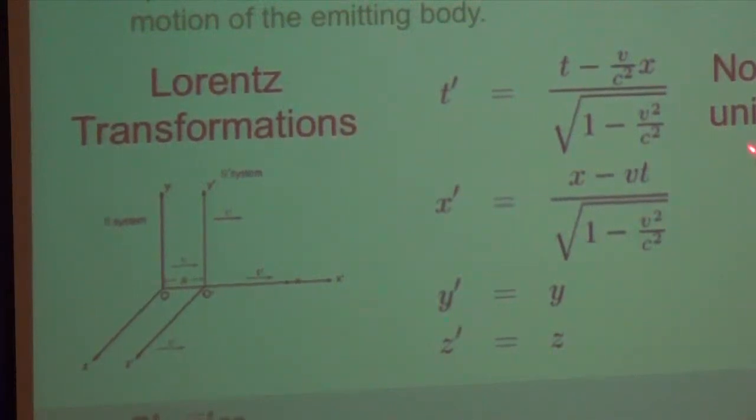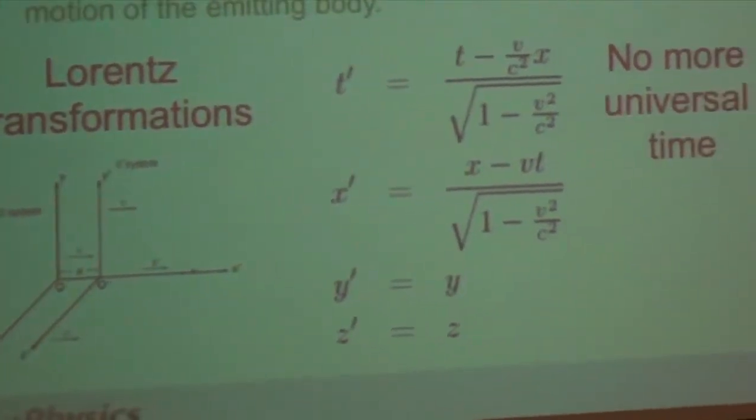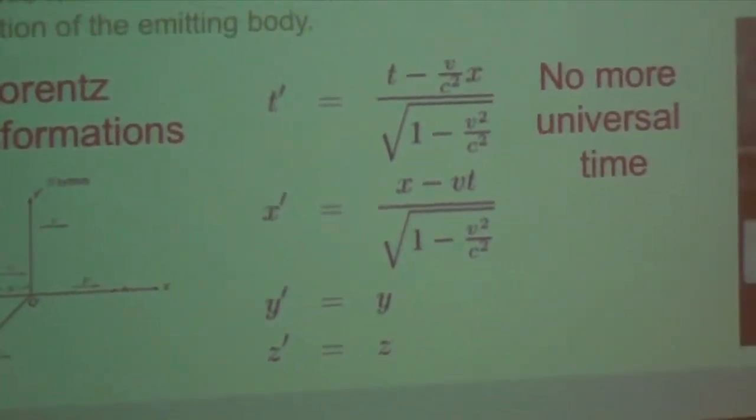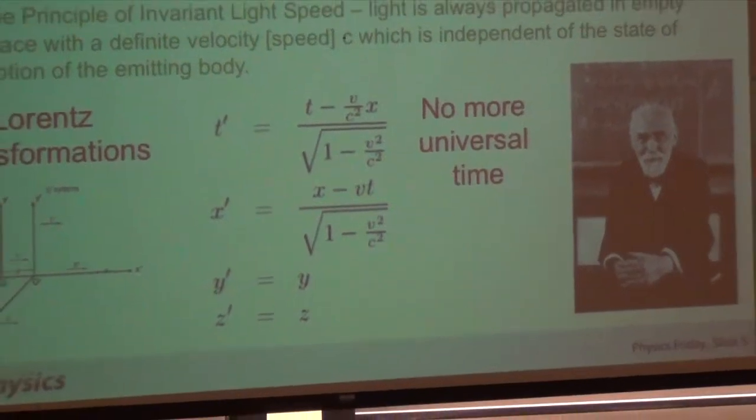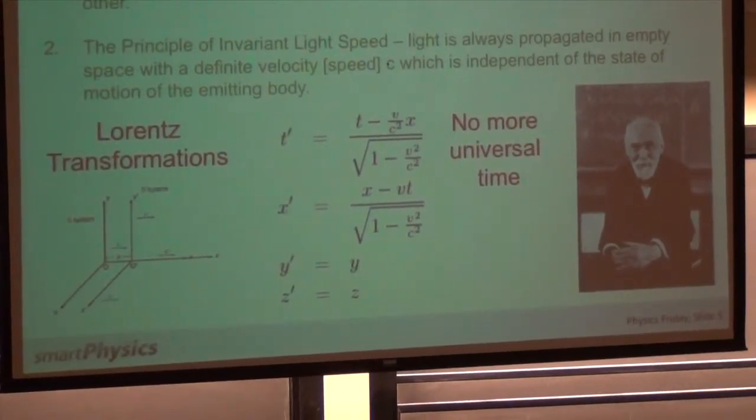So these reproduce the Galilean transformations in the limit where v is much less than c. But once we travel at relativistic speeds, close to the speed of light, then these terms start to matter. So that's the important thing, that these reduce to the Galilean transformation equations in the limit where v over c goes to 0. Okay, so that's fine.